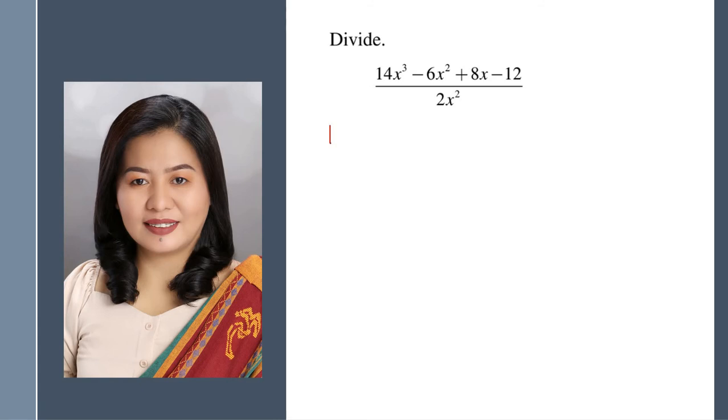So 14x cubed. The reason why I'm putting it separately is that sometimes we get confused that if we canceled something, we assume that it's also canceled already in the other terms. So we have to be very careful with that. That's why we have to separate it.